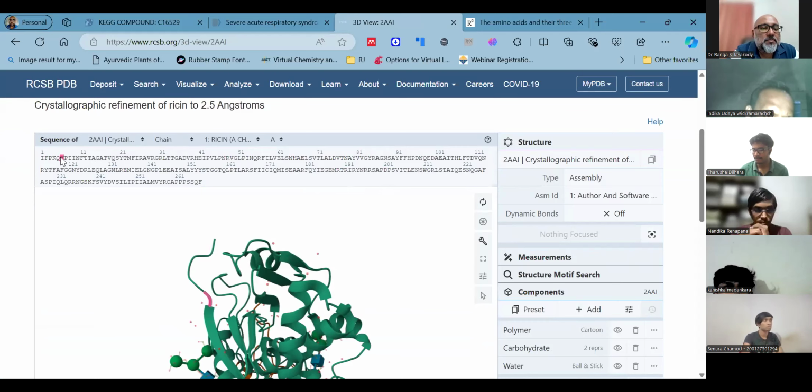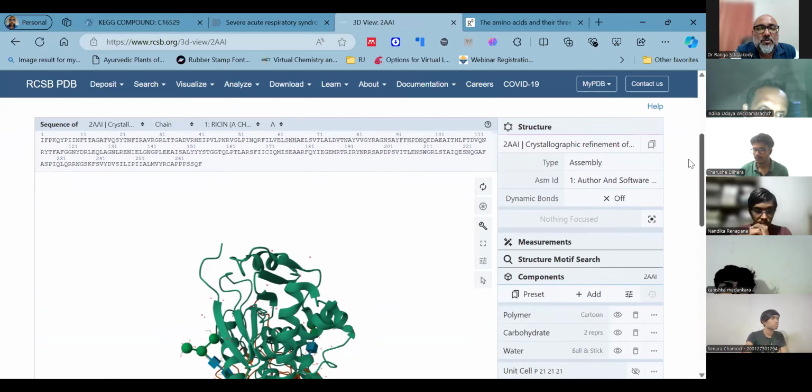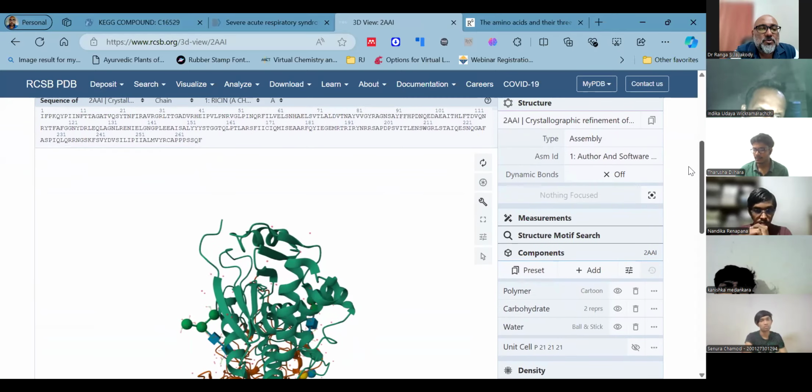So you can see as I move the cursor over the sequence, it is showing you the relevant part in the protein structure. So each letter, these are one letter notation for amino acids, right? So now this has a 3D structure composed of different amino acids. It's got 260 odd amino acids.